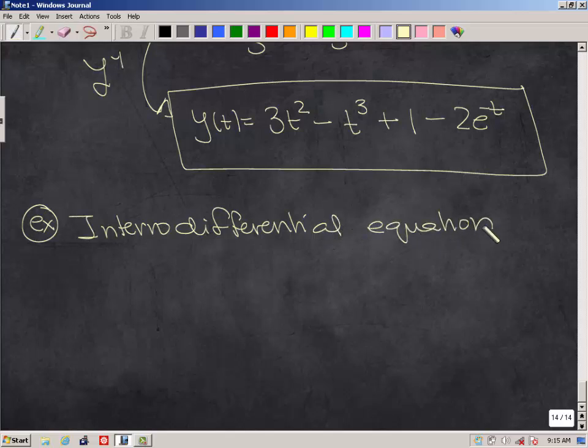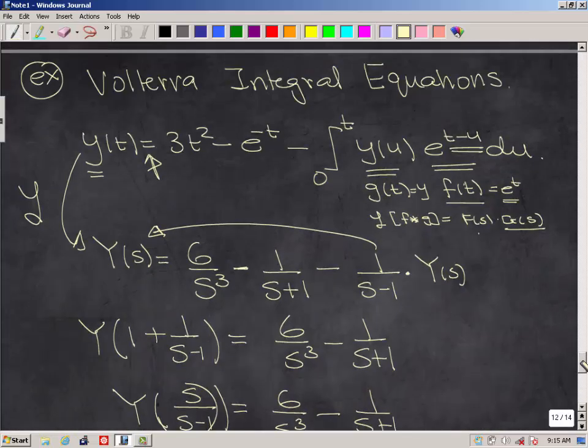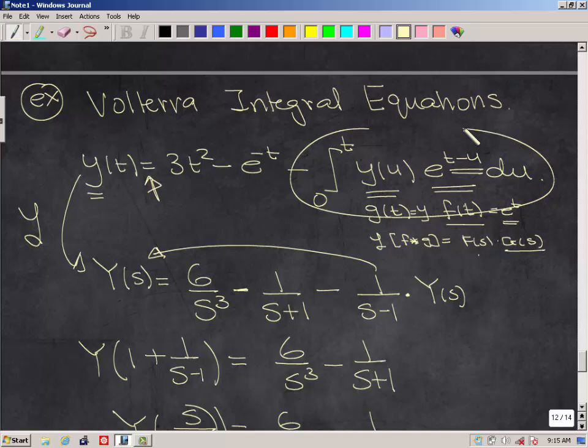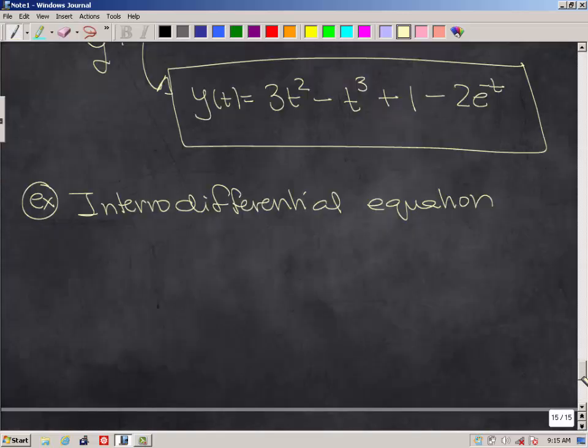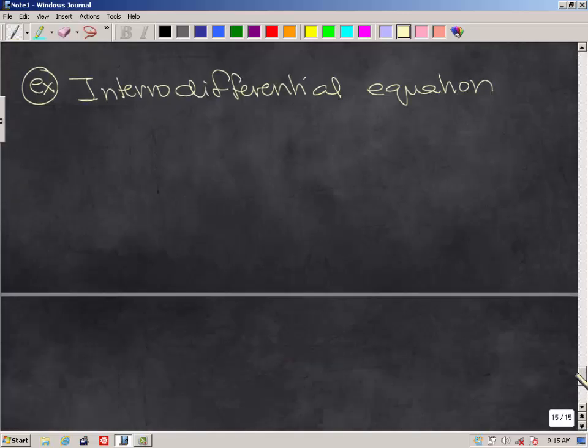Here we have a differential equation that involves derivatives and integrals. Out here we had an equation that just involved integrals. There were no derivatives. So an integral differential equation is where we have an equation that has derivatives and integrals. It looks something like this.